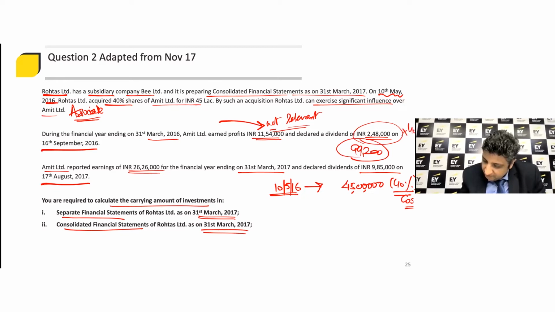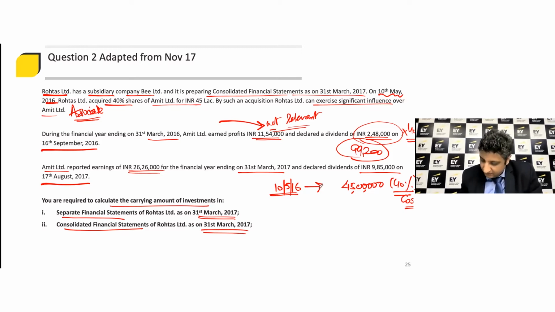Basically, it's 40% of 2,48,000. That becomes, of course, an income for Rohtas Limited, as a part of the financial statements.